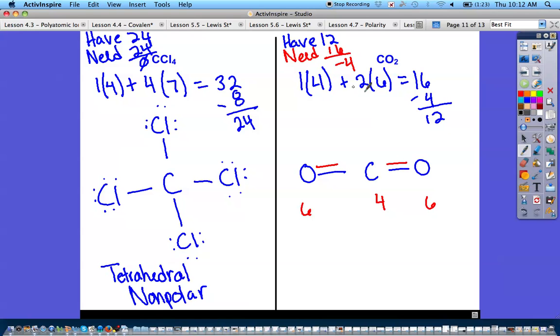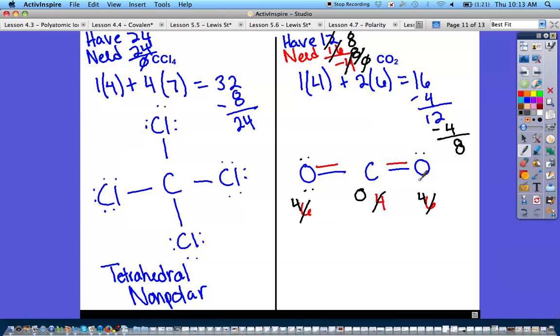Then we're going to go back and subtract those 4 from our total. So we now have 8. And we're going to reassess the needs of each atom. Carbon doesn't need any. Each oxygen is going to need 4. 4 plus 4 is 8, so we now have as many as what we need. Then we can just apply the dots to our Lewis structure.